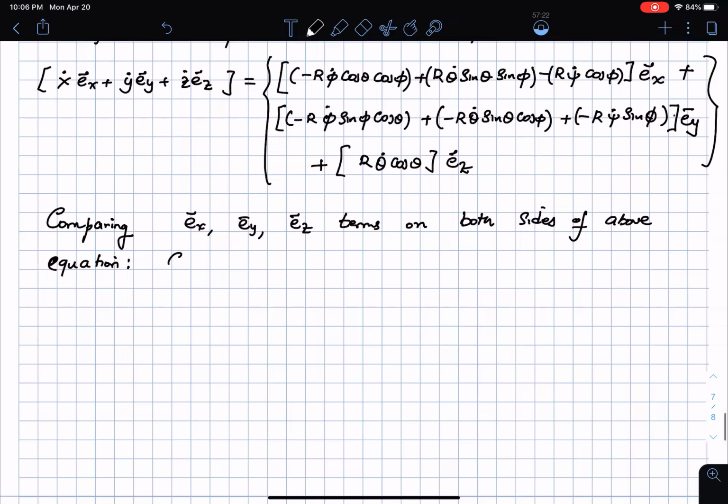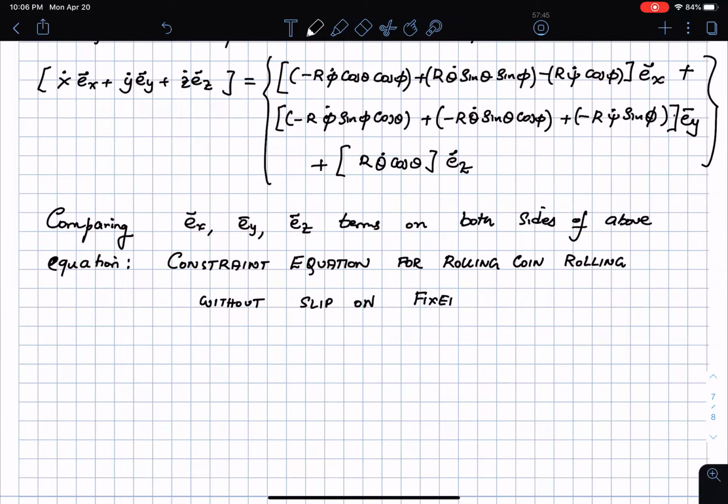The constraint equation for a coin rolling without slip on fixed, rough horizontal ground is the following.